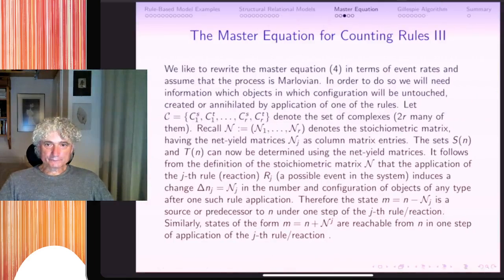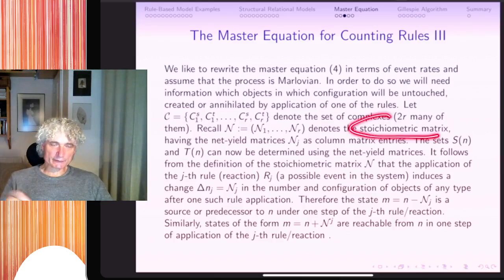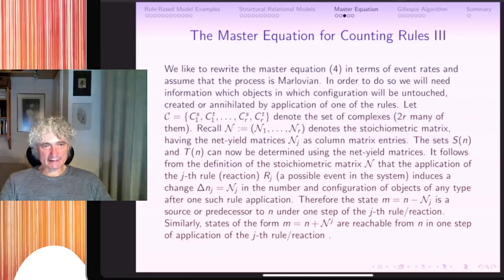Now we transform the master equation a little bit by using the rules or reactions. This is done with the help of the stoichiometric matrix, because the stoichiometric matrix actually tells us how many particles are either created or destroyed by certain events. So we can now look at equations like that.